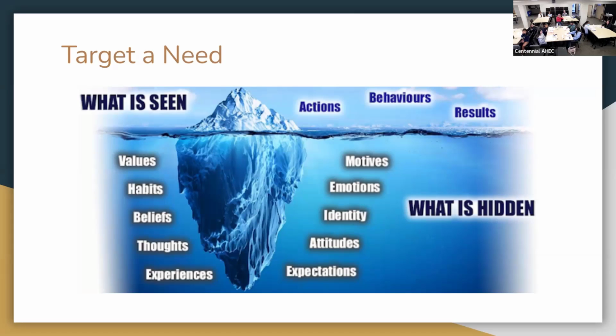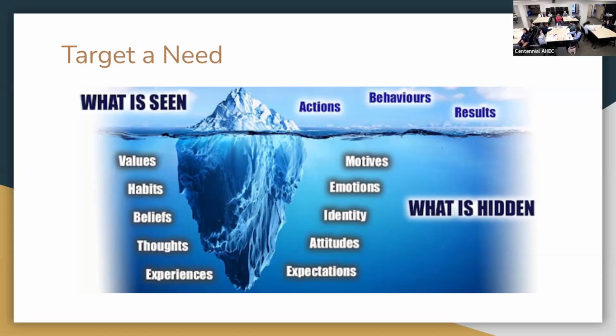With behavior and needs, you have actions, behaviors and outcomes that you're able to see. But then you have things like habits, beliefs, experiences, attitudes, emotions, expectations. These are things that we don't always see on the surface, that can explain why those actions, behaviors and outcomes are being seen.